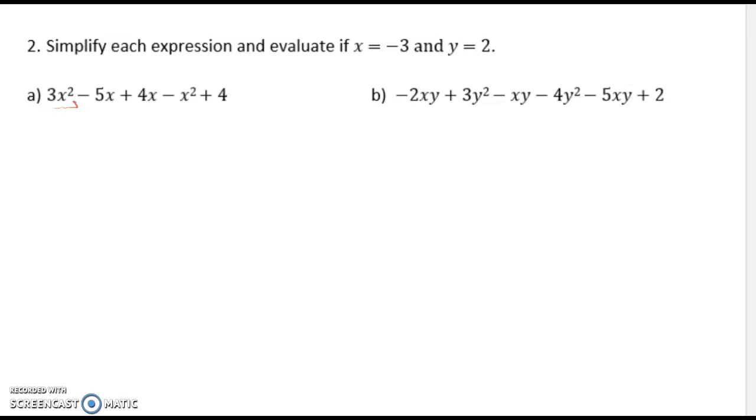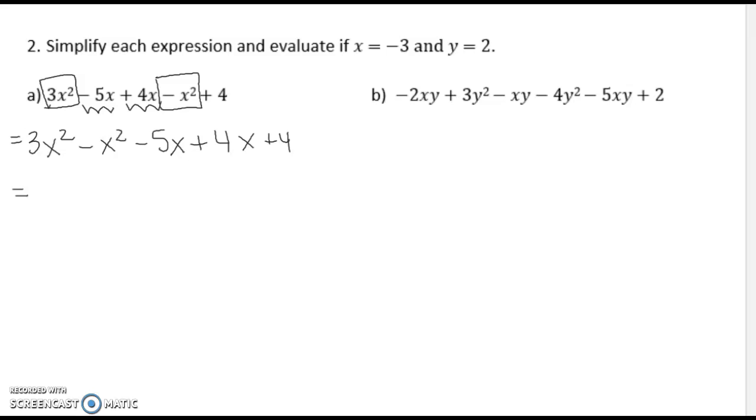So, oops. x squared, there's our x, and then our constant. So, we're going to start with 3x squared minus x squared, and then minus 5x plus 4x, and then just plus 4.